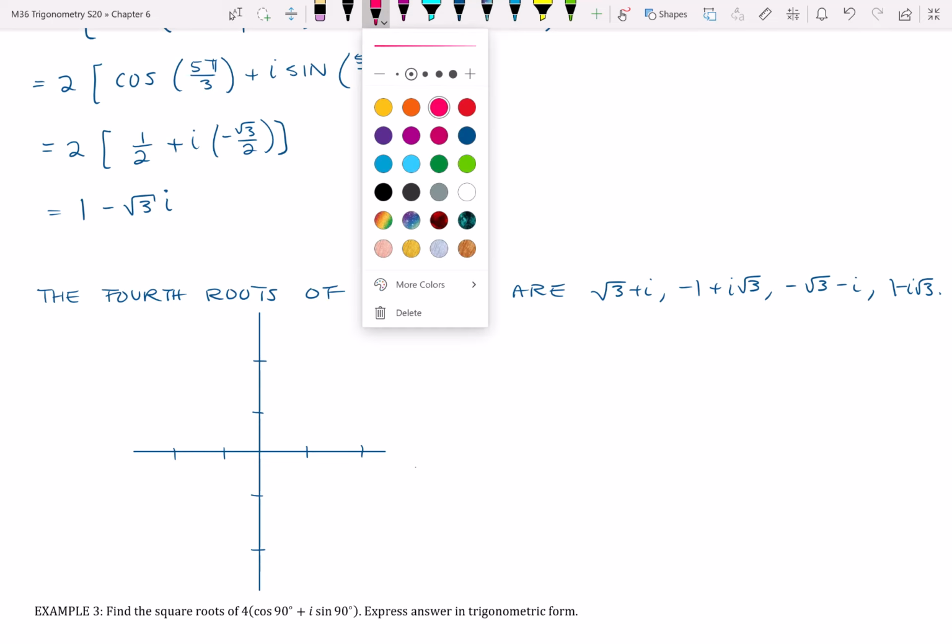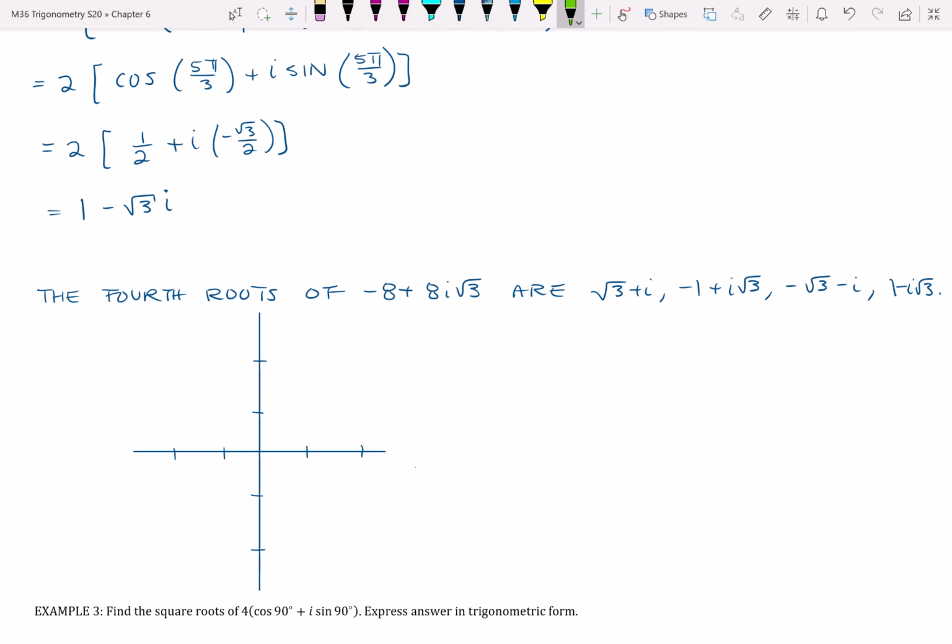So square root of 3 plus I, and this is going to be my real axis, and this is my imaginary axis. And so my real part is the square root of 3, which is approximately 1.73. So that's going to be somewhere over here. And then my imaginary part is 1.